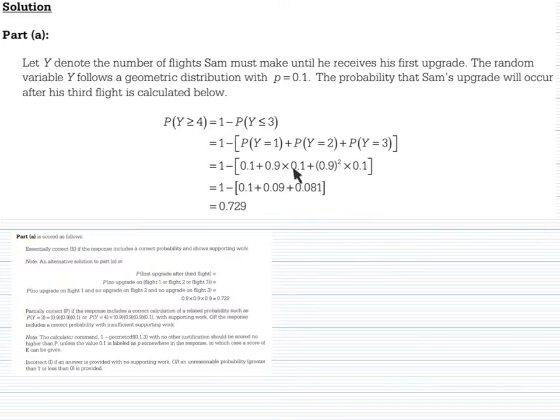So 0.1, plus 0.9 times 0.1, that's first upgrade on the second flight, and then 0.9 squared times 0.1, so that's 2 failures and then an upgrade. And then we do 1 minus that because the fourth or more to get the upgrade could go out to infinity. So what we end up with there is 0.729.